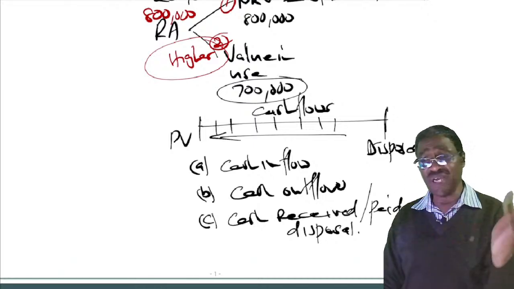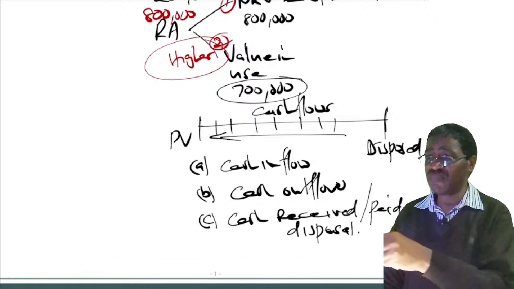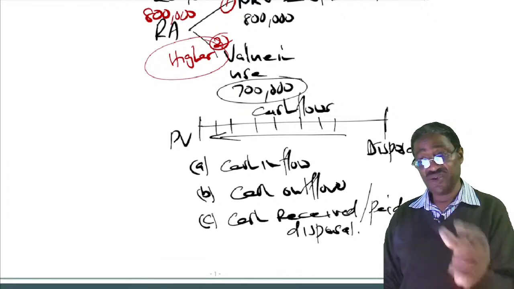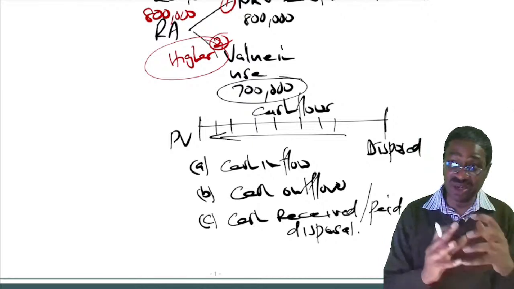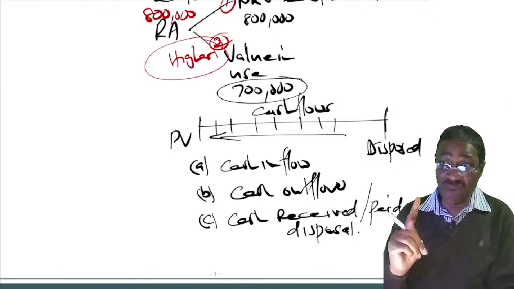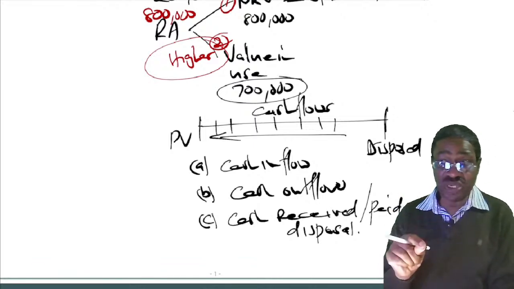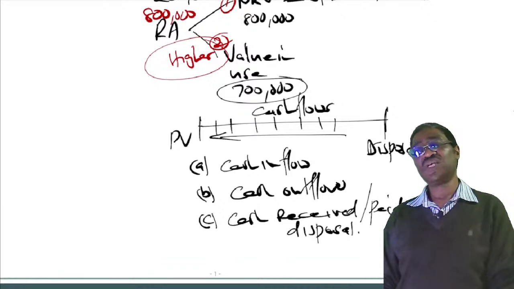Then somewhere in the question they tell you that in the year of disposal or in the final year, we expect to sell the machine for this much. So don't forget that the amount you are going to sell the machine for is a requirement. It must be part of the amount to be discounted in the determination of the value in use.